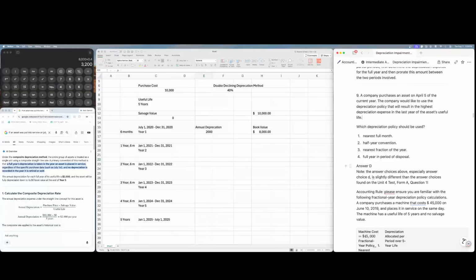But if an asset is not placed into service on January 1st, it wouldn't be a full year.